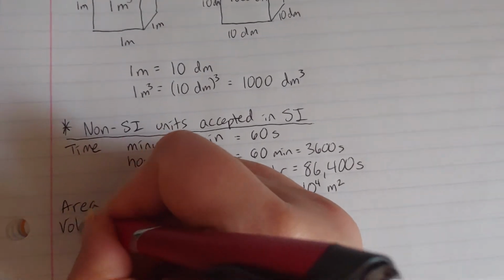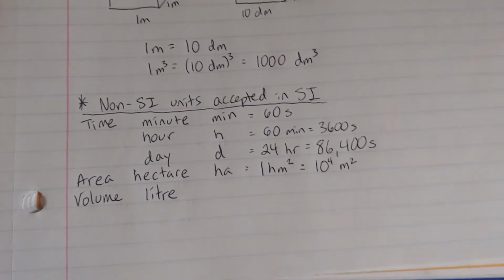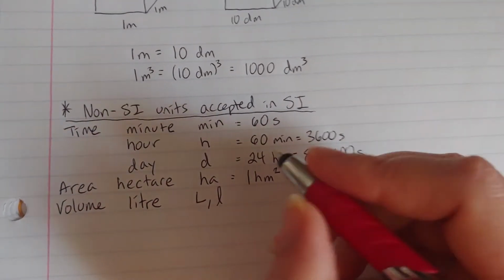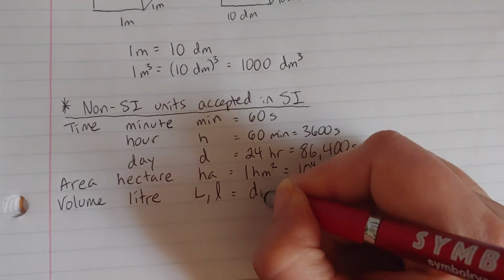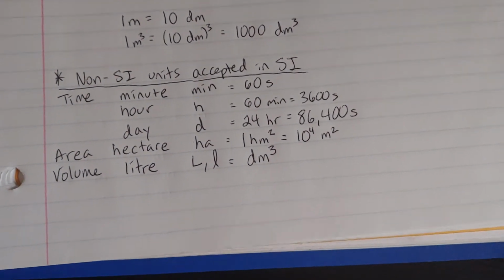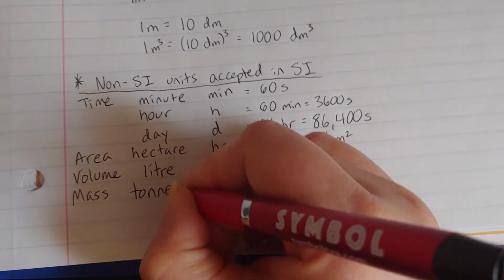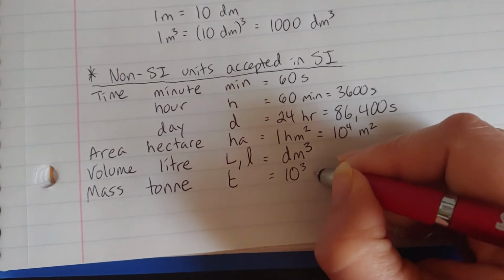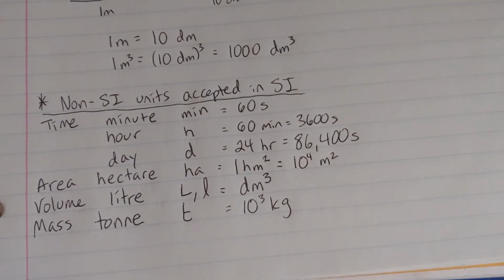For volume, we allow for the liter, which is spelled like it is in Europe, which is capital L, or this fancy little cursive L, and is equal to 1 decimeter cubed. And then for mass, we do allow for the ton, which is equal to 10 cubed kilograms.